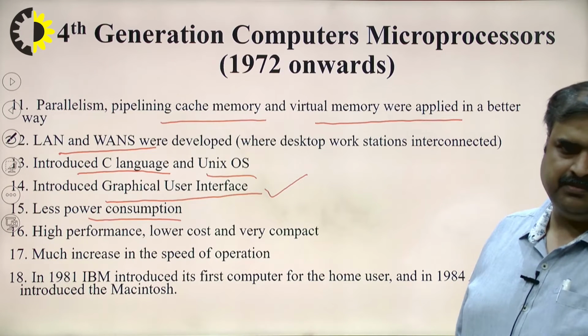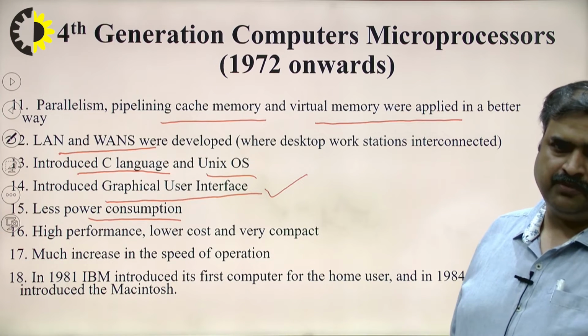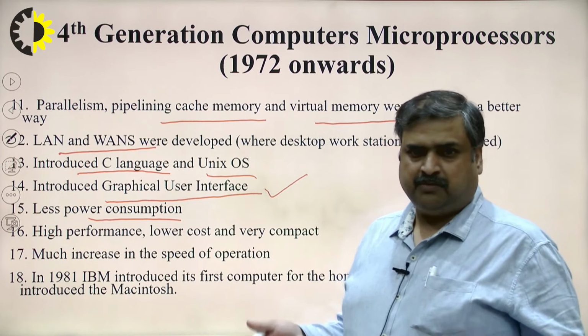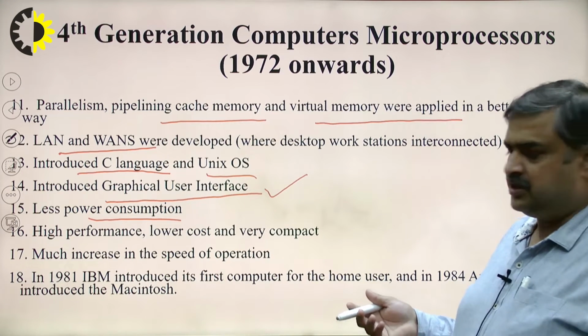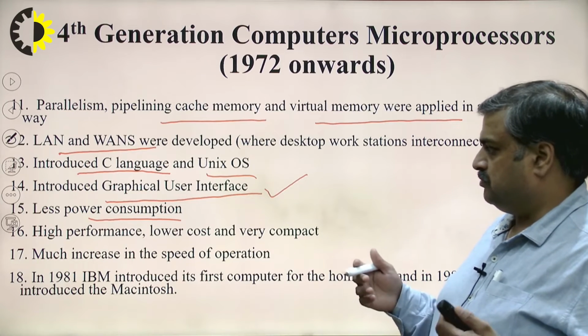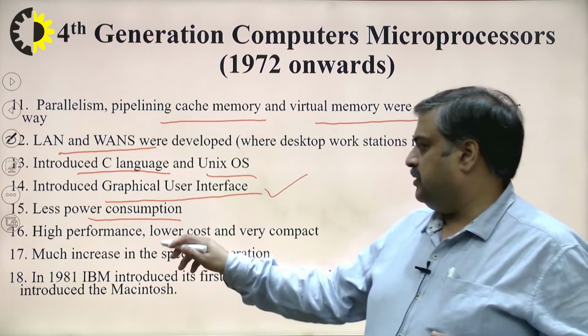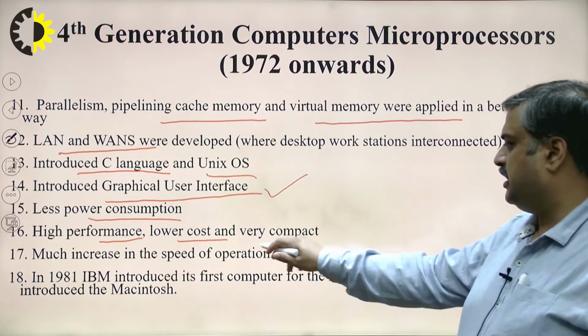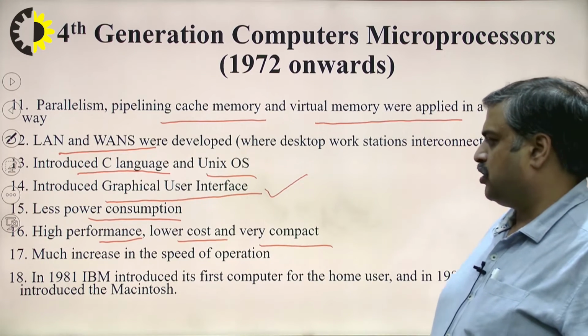That's why our laptops can work for several hours without a continuous power source, based on batteries. We can use our laptop for multiple hours. The performance has been increased, cost has been decreased, and they have become very compact.